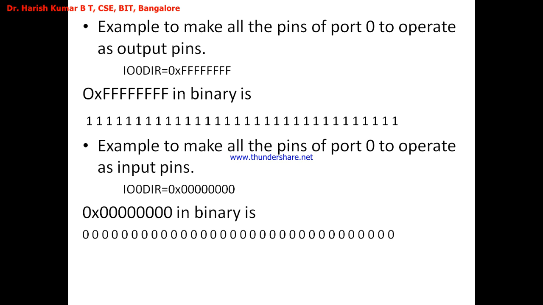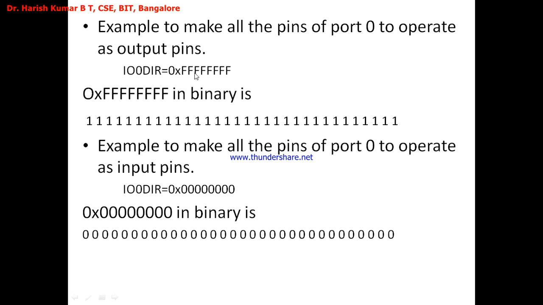Now in that, how do I make all the pins of port 0 operate as output pins? Which direction register do I have to use? Since I'm saying port 0, I have to use IO0DIR equal to 0xFFFFFFFF. That means all the pins, P0.0 to P0.31, I make them output pins.